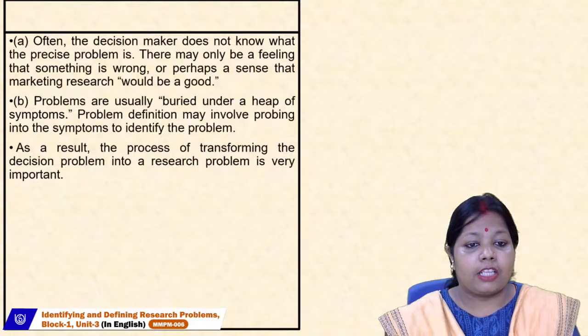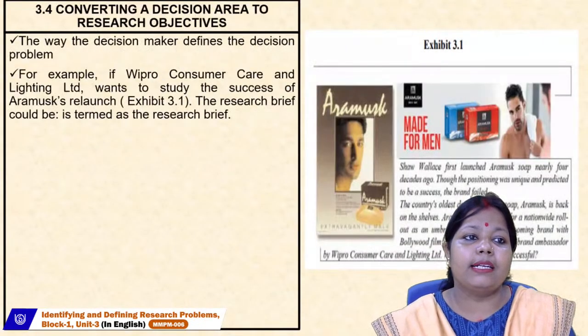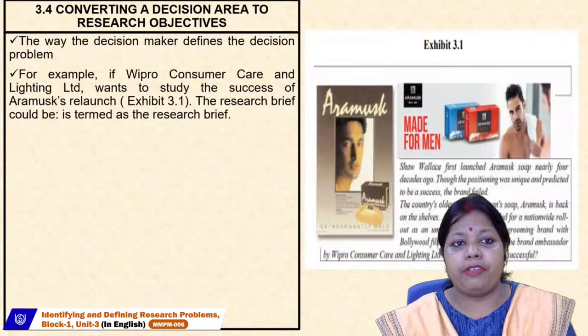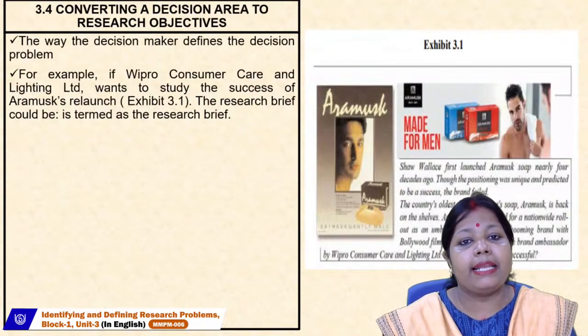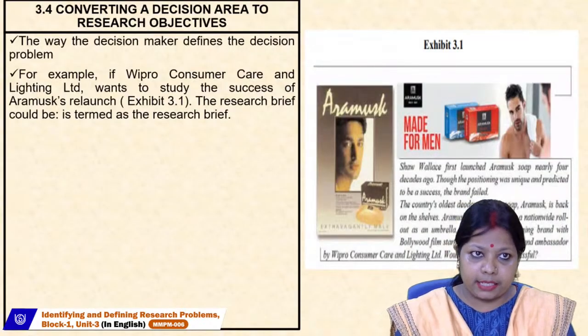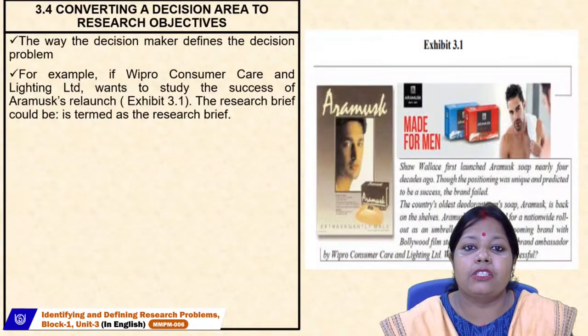As a result, the process of transforming the decision problem into a research problem is very important. We can see here in section 3.4 converting a decision area into research objectives. In the previous section, we discussed how the decision area is important to frame a research problem. Here we will understand how to convert a decision area into research problem objectives.